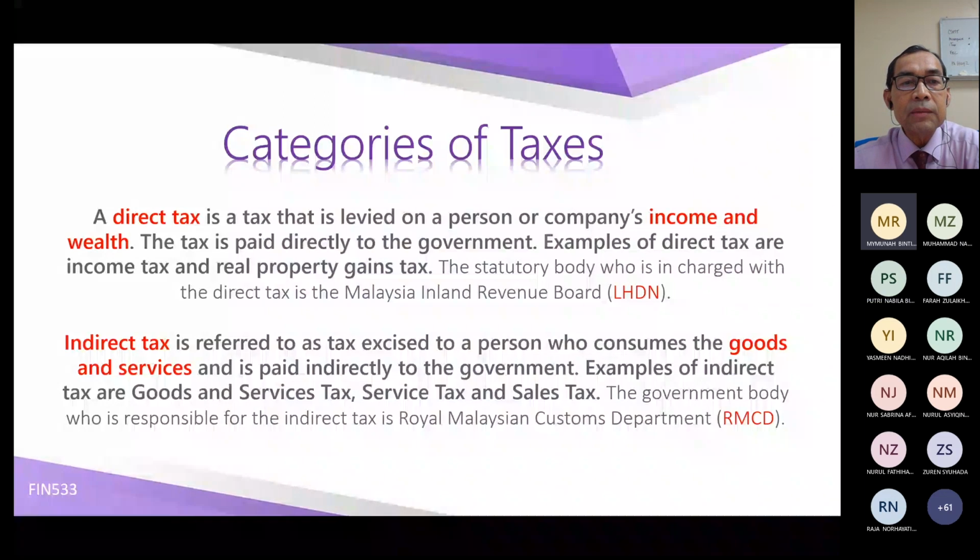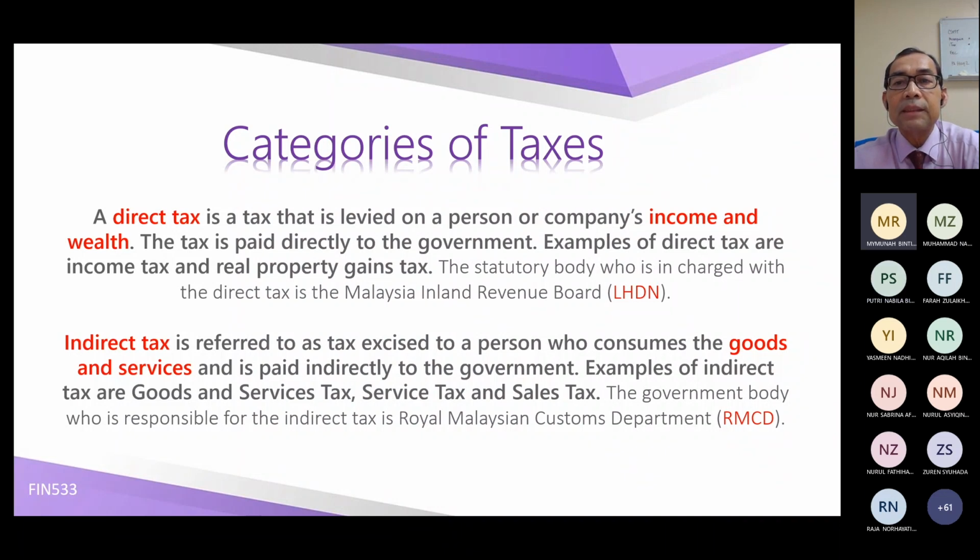Okay, these two categories, direct and indirect tax, a lot of people may be confused, oh semua ni LHDN punya kerja. Kan? Sebenarnya, for the direct tax, income of a company and income of a person, this is under the jurisdiction of Inland Revenue Board, Lembaga Hasil Dalam Negeri Malaysia, LHDN.